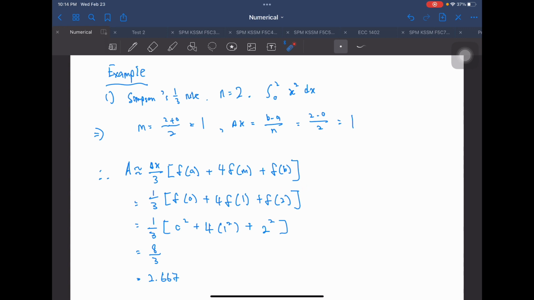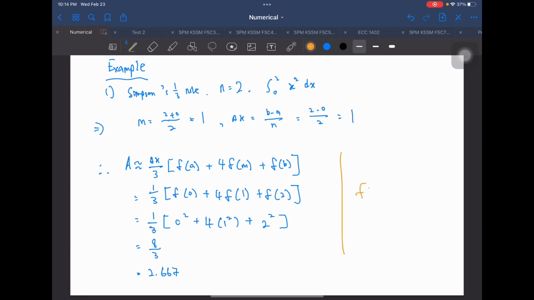Now you got this, and then you just plug in the values according to the function. Here f(x) is what? x squared. So you just plug it here. You got this, and this equals 2.664.